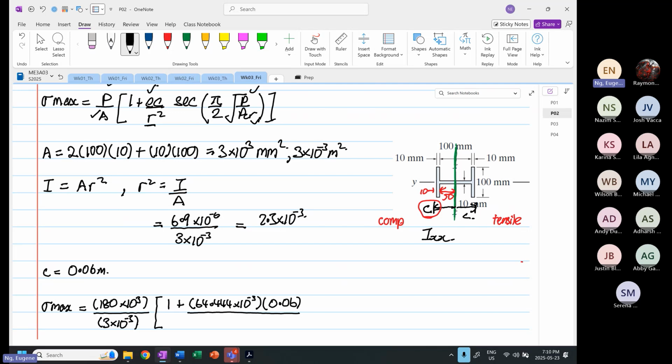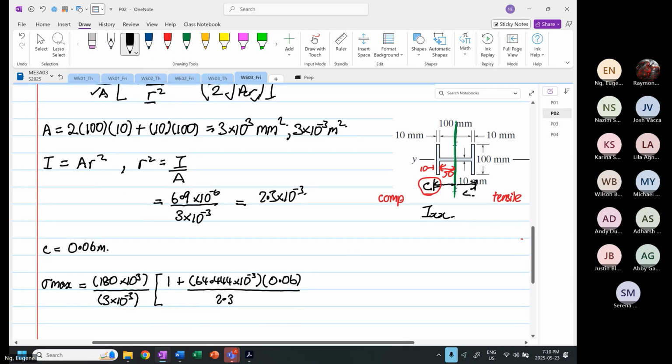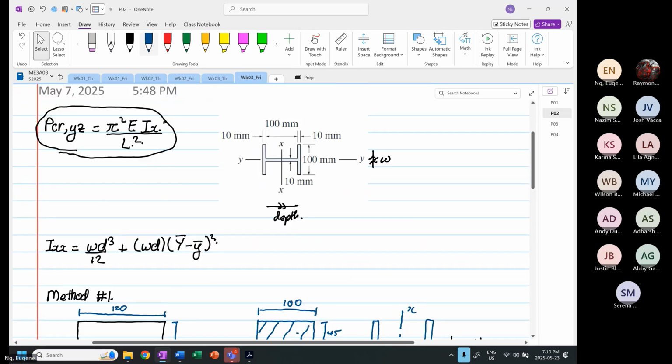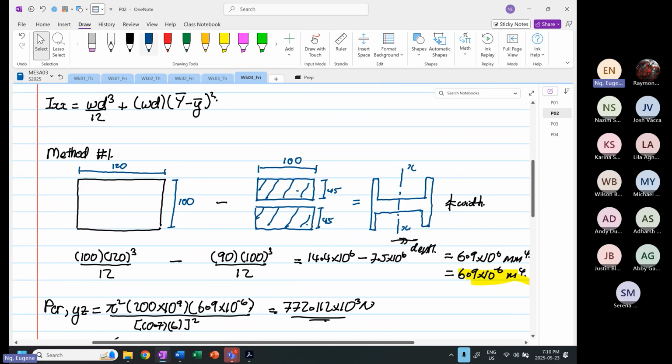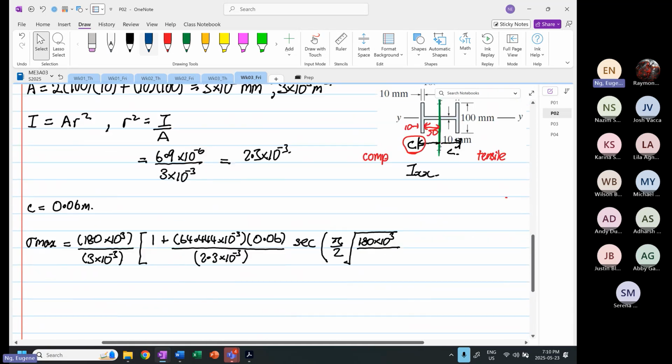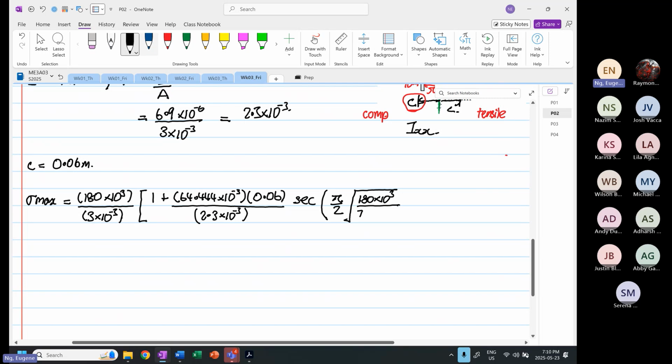And our R squared is 2.3 times 10 to the power minus 3. And then we have our secant, pi over 2, square root, then P. And then we calculate our PCR, which is equal to 772.112.